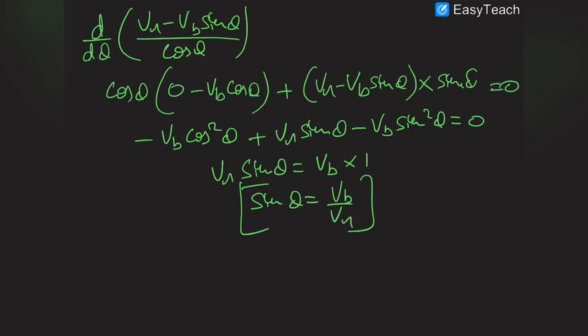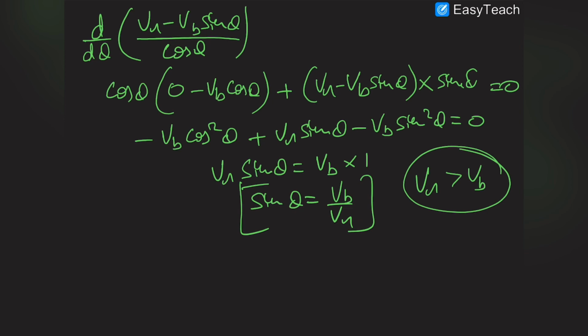This is the angle at which this boat should be rowed so that it reaches with the minimum drift, but drift would not be 0. Obviously you can see that in this case also VR would be greater than VB, because sin theta is equal to VB by VR.